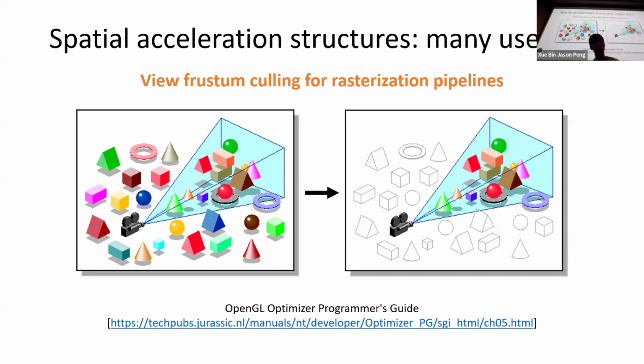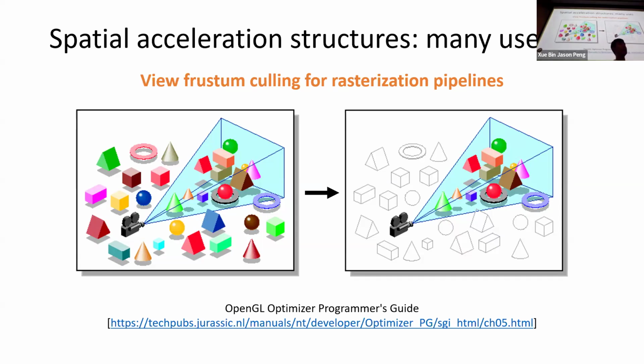One of the operations that we have to perform in a rasterization system is that we have to figure out which objects lie within the view frustum of our camera, which objects are within the field of view of our camera. Any object that's inside the view frustum will be an object that may be visible in the image.